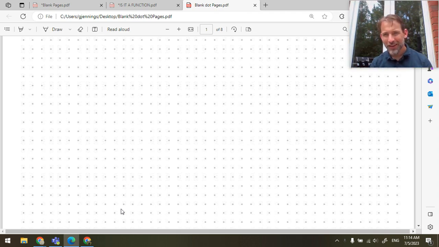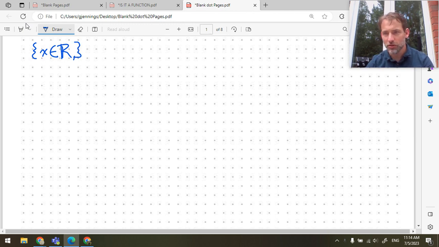Several of you have asked about how to sketch a function given a domain and a range. Let's say a question asks you to sketch a function whose domain is x, all real numbers, and that's all we know.